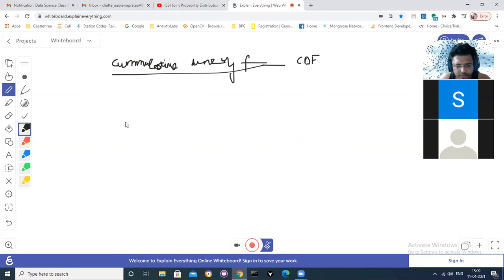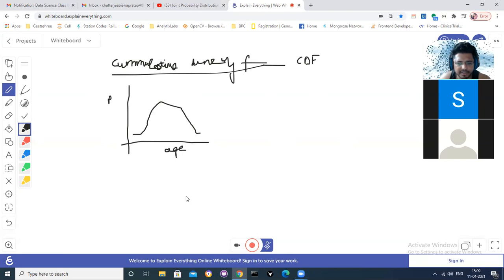What was the probability density function? The probability density function was the plotting of, suppose here is age and here is the probability, so the graph is like this.